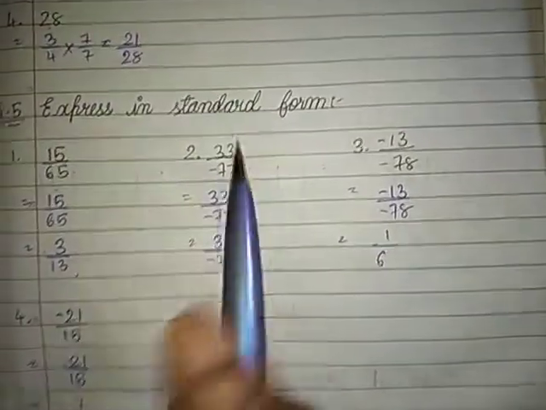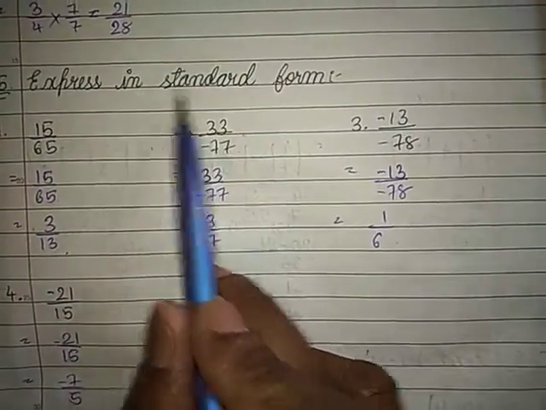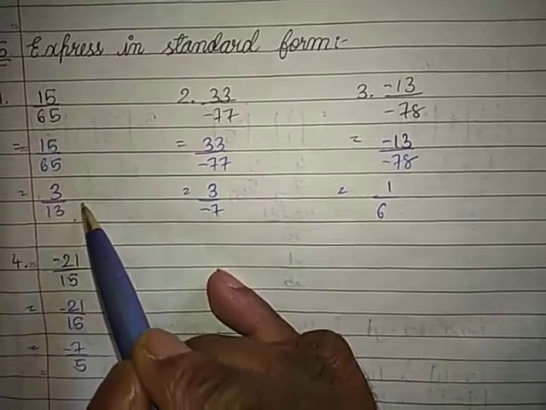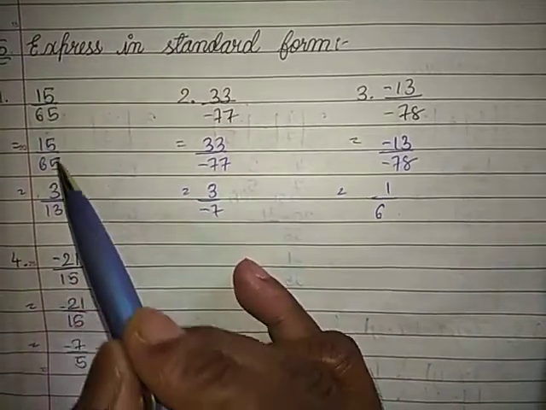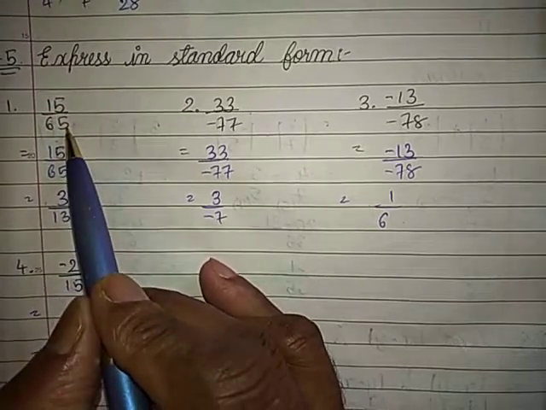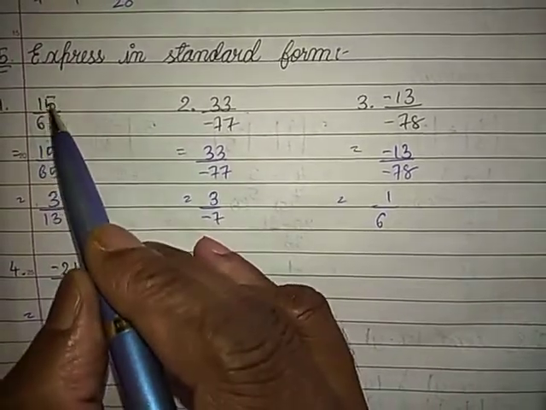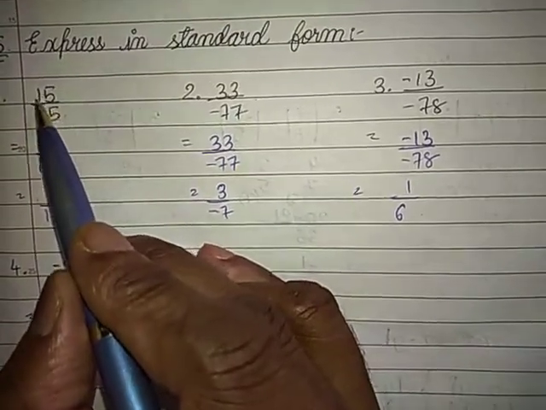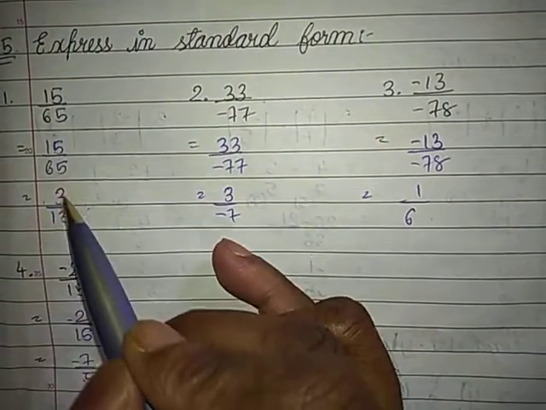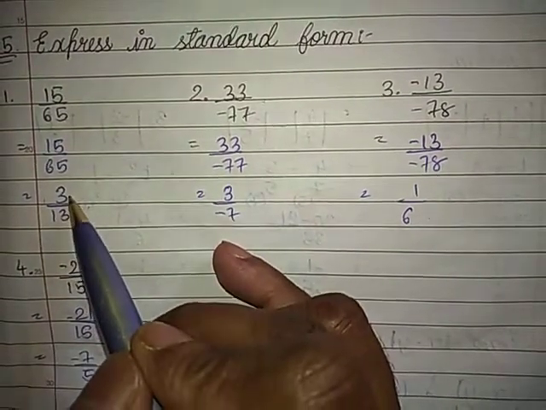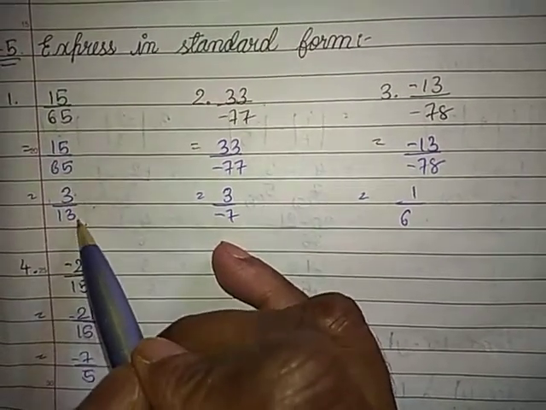Express in the standard form. What does it mean? You have to bring it to the lowest terms. What I mean to say is, bringing it to the lowest terms means you have to divide by a common number. What is a common number in 15 and 65? 5. So divide it by 5. 5 3s are 15, 5 13s are 65. So your answer becomes 3 by 13.